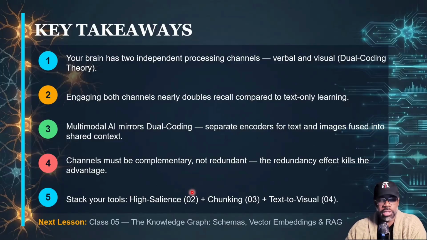You should be building on these with each class that we have, and with each build or project that you complete for the assignments. So by the time we get through all of these axioms, you should have a pretty nice system developed. Now, the next class, we will be talking about the knowledge graph or schemas, essentially a scaffolding for holding information for us and structuring it, and how that relates to our AI bridge, which is vector embeddings and RAG, or retrieval augmented generation.